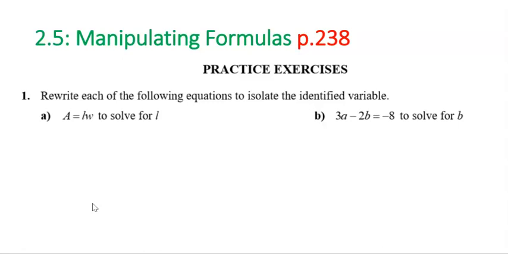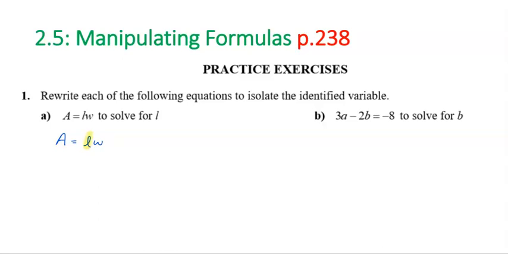So for number 1, for A and B, these are pretty straightforward. They're smaller formulas. The first one is area is length times width, and we want to solve for the length. So this is particularly useful in this course where we would actually have to do this. So when we want to isolate the length, that's right here.